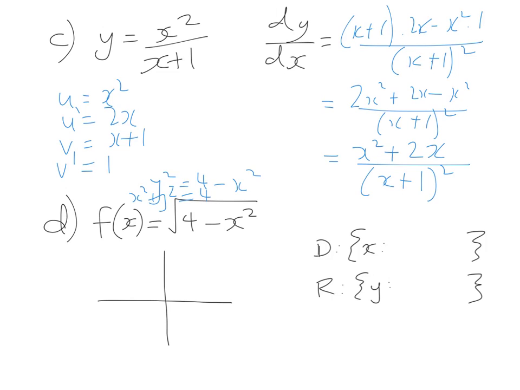So therefore the radius will be 2, so negative 2 and 2 and positive 2. The domain is from negative 2 to positive 2, and the range is from 0 to 2.